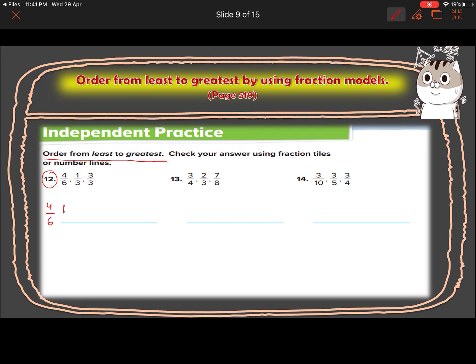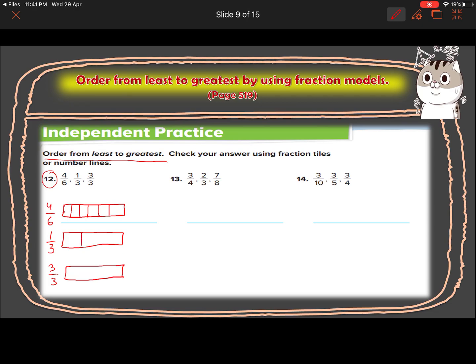Okay, so for 4/6, I'm going to make the fraction bar, but make sure that all fraction bars are equal in size. And for 1/3, I will draw another bar, and for 3/3, I will draw the third bar. Now for 4/6, how many equal parts are there? 6. 1, 2, 3, 4, 5, and 6.